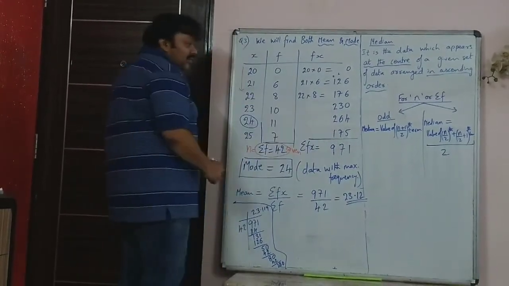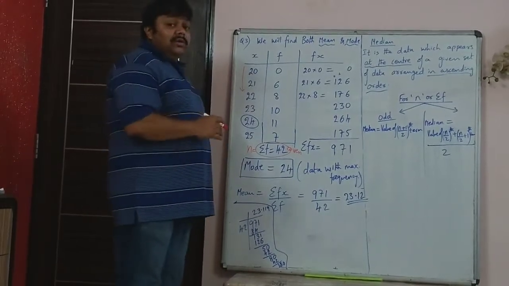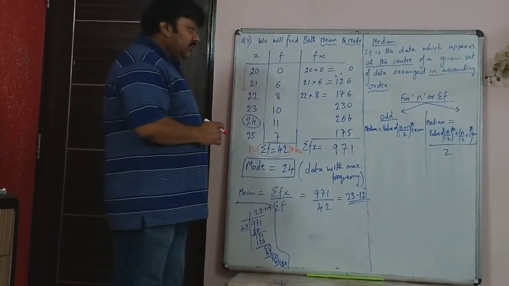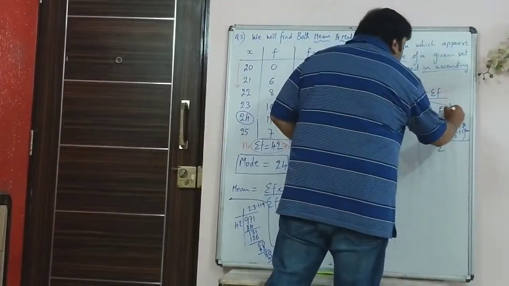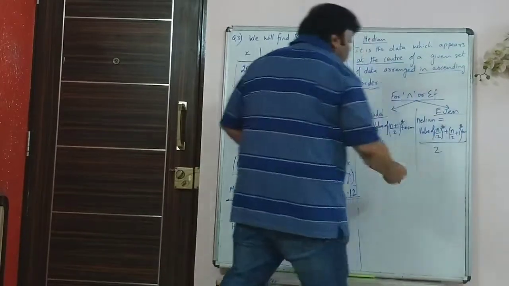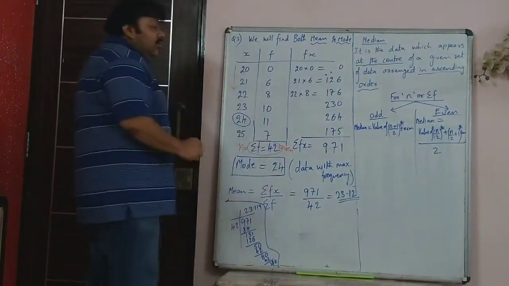So we will use the even formula, and in this case it would have been the 21st and 22nd term. So now here sigma f is 42.